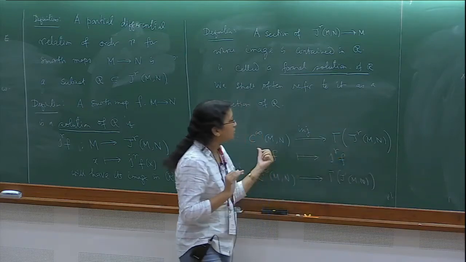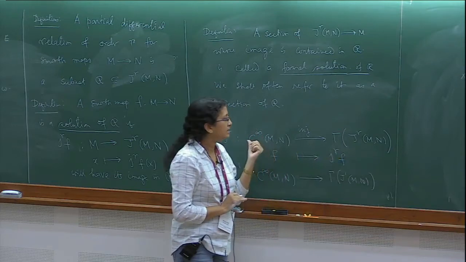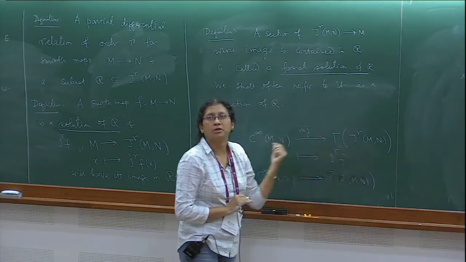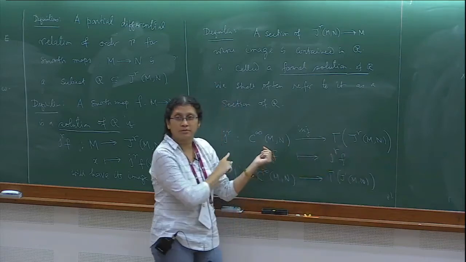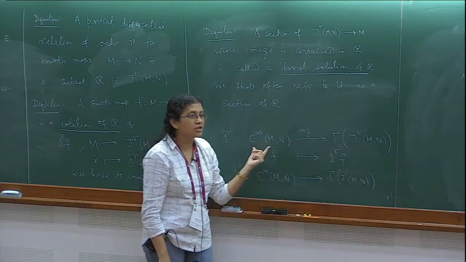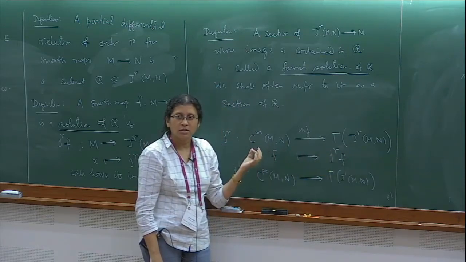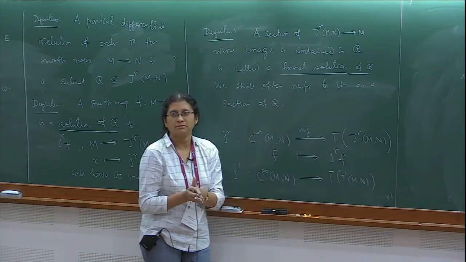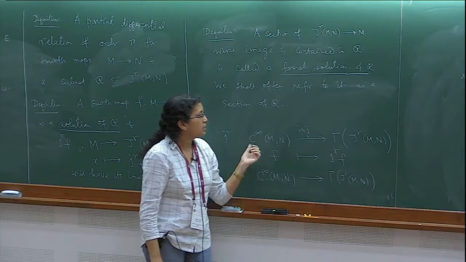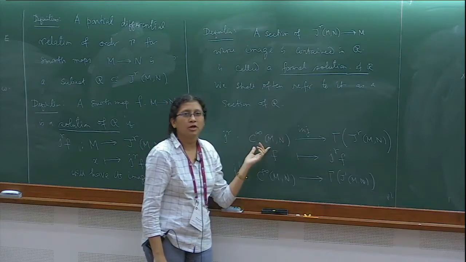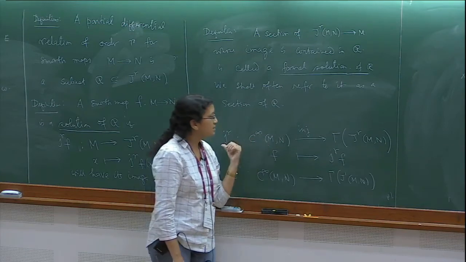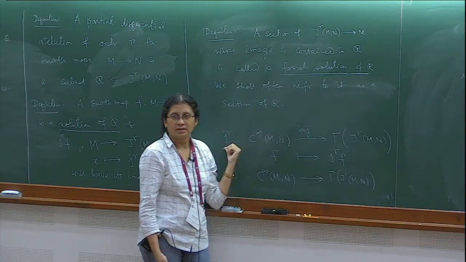Now here, what is the topology? Exactly the topology which is defined by the inverse image of this topology under the JR map. That means two functions are close provided their rth order information are close. So that is the topology. The way I have defined the topology, that is called the C^r topology, that makes JR continuous.